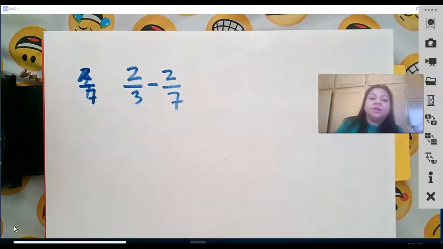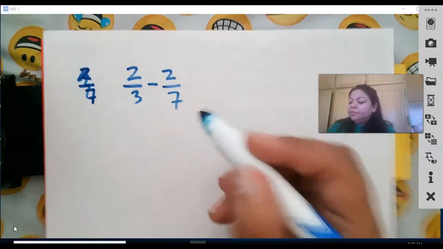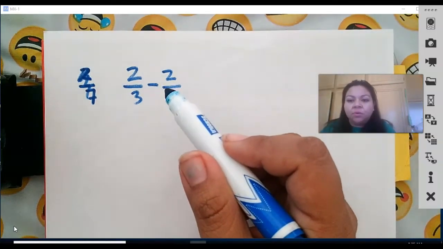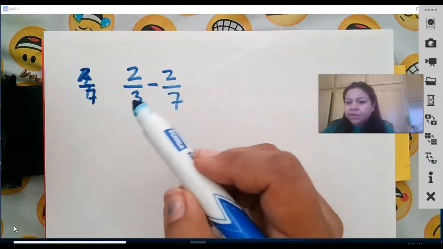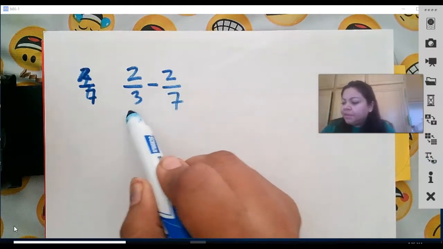So I'm going to subtract 2/3 minus 2/7. And we're going to begin by remembering that when you're adding and subtracting fractions, you always need to make sure that you have the same denominator.